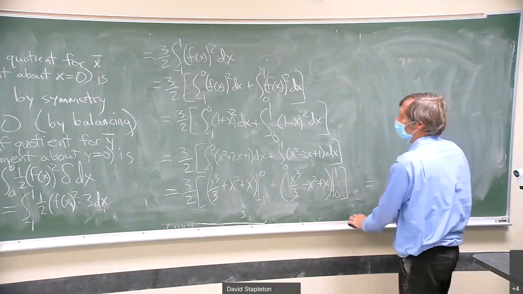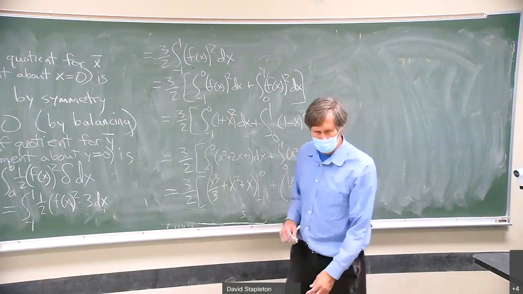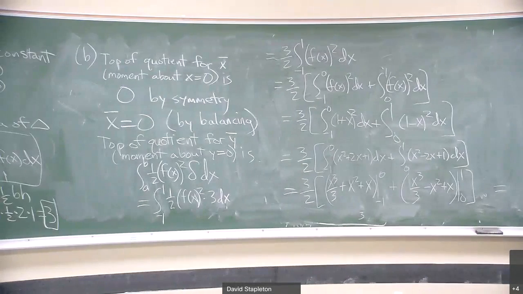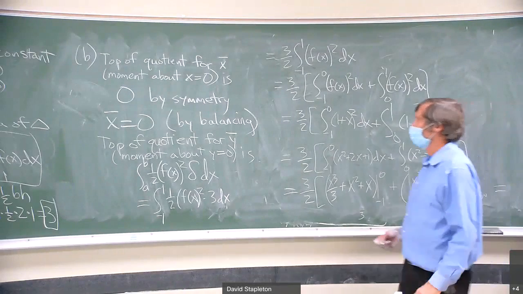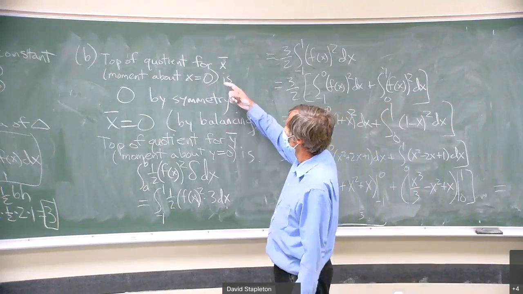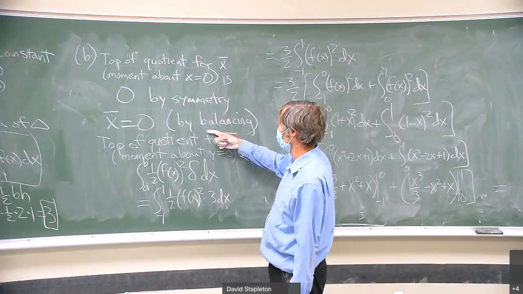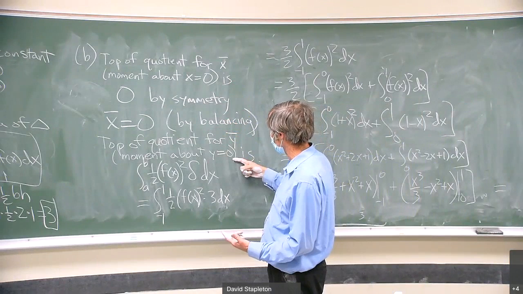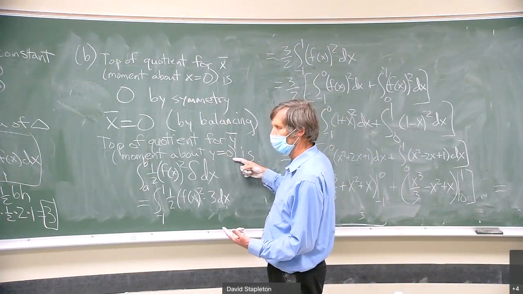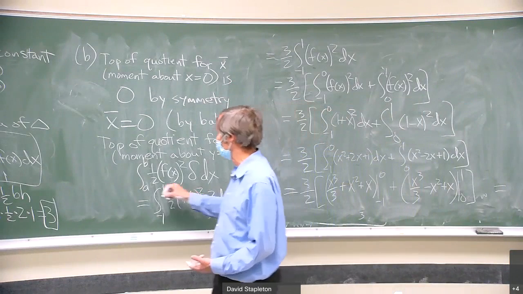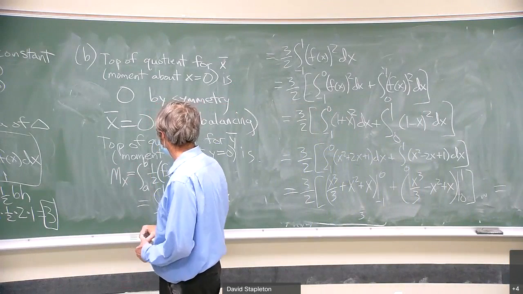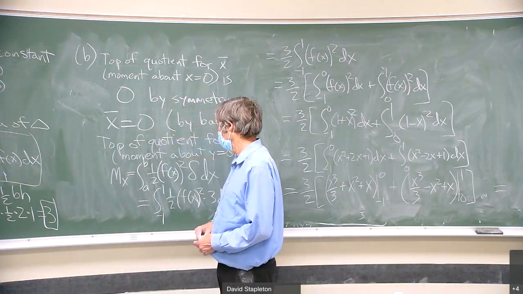Now these have names, this top, these moments of mass. The moment of mass about y equals 0, y equals 0 is the x-axis, right? So we'll call it the moment about the x-axis, and we'll write this as mx. Kind of strange.